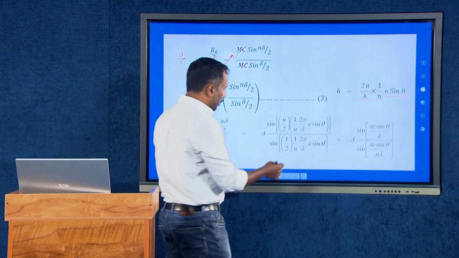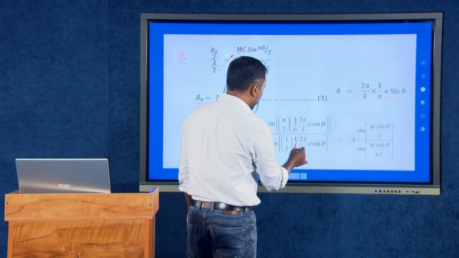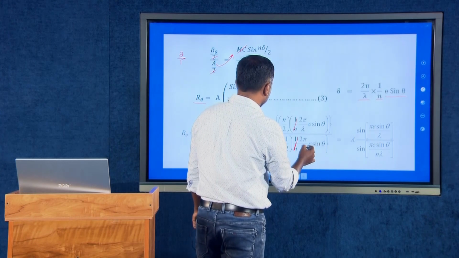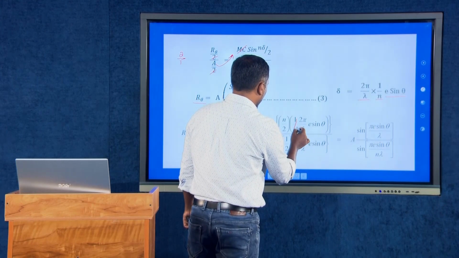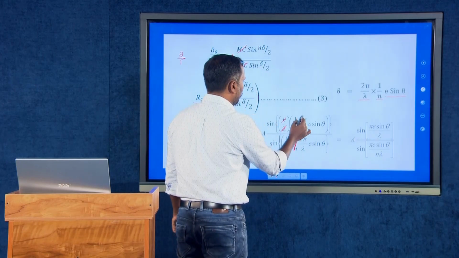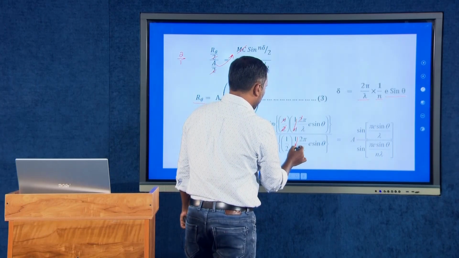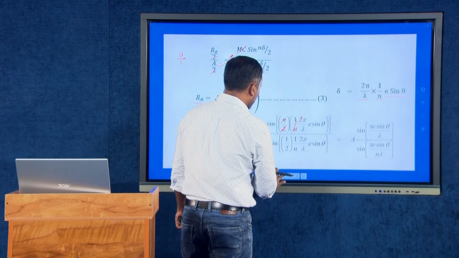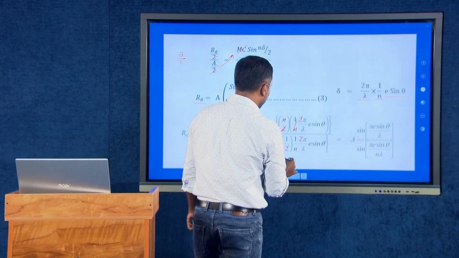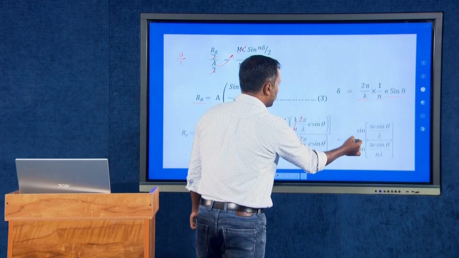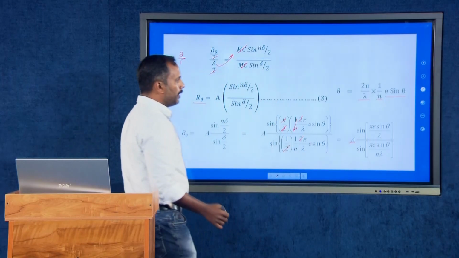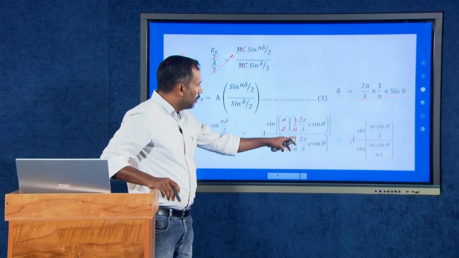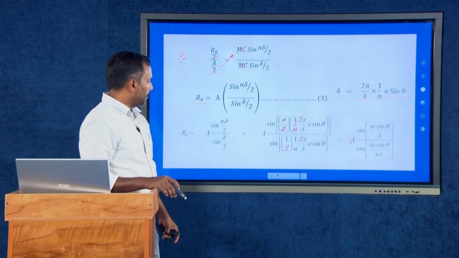So let us cancel out whatever factors we can. We will have 1 by n and 2 get cancelled out here also, here n cannot be cancelled. Here 2 and 2 get cancelled out. So we have the formula a into sin of pi e sin theta divided by lambda, divided by sin of pi e sin theta divided by n lambda.